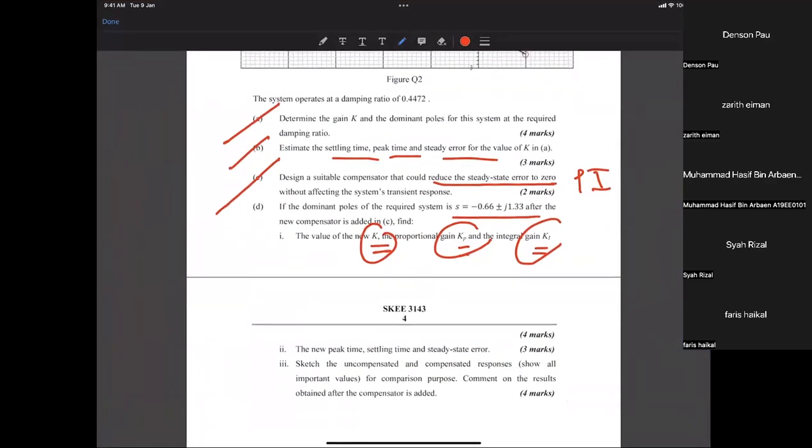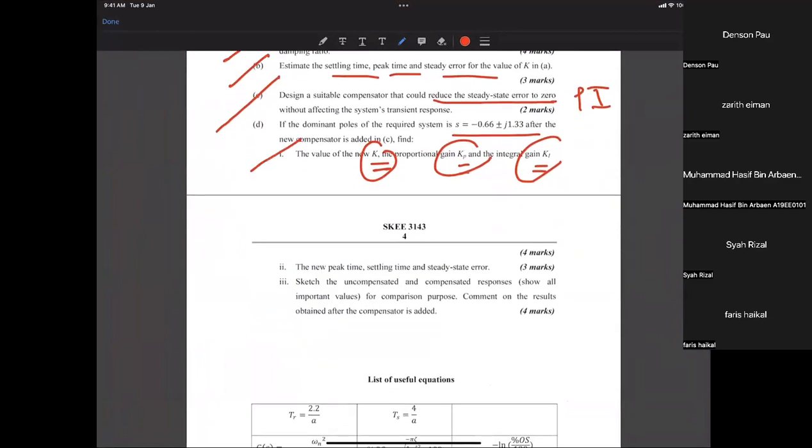This question is actually very good. It's very deep and detailed. Sketch the uncompensated and compensated response. Show all the important values. Can you sketch?